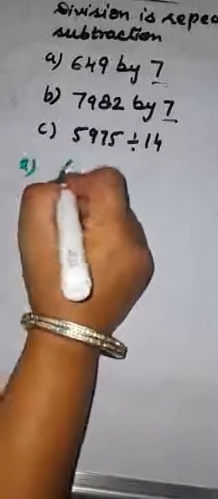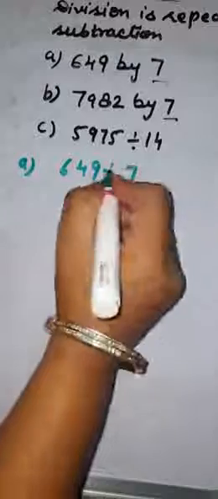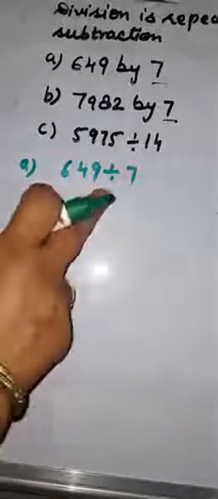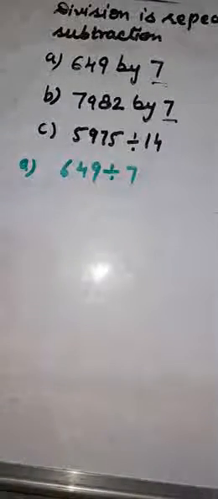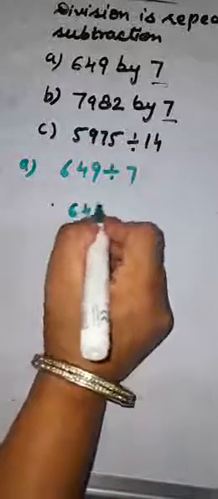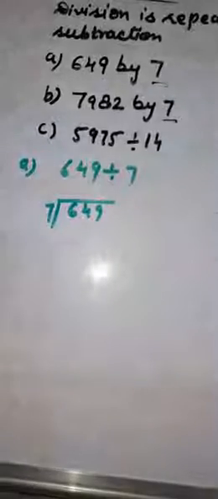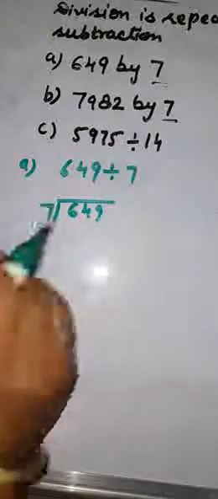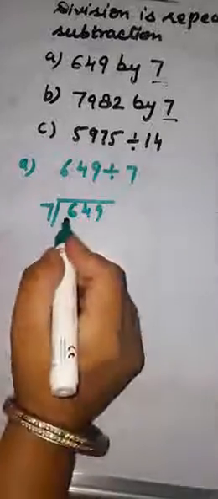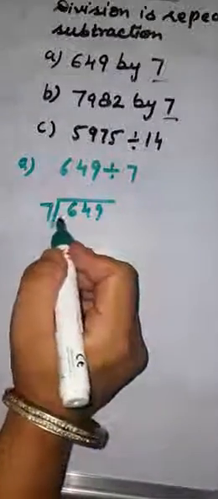Here we have 649 divided by 7. So children, this is the symbol of division. You know that this is a symbol of division. So we will write it as 649 divided by 7. Whenever we divide any number, we start from the first number. We will not start from the ones place. We will check the first number.